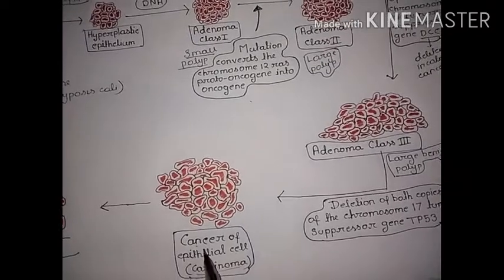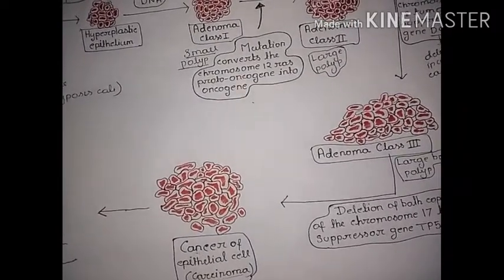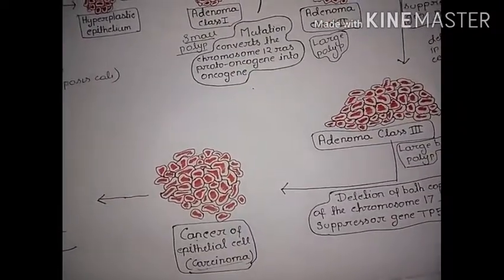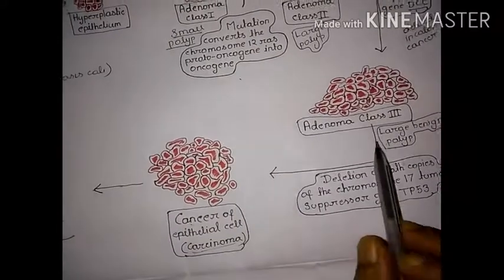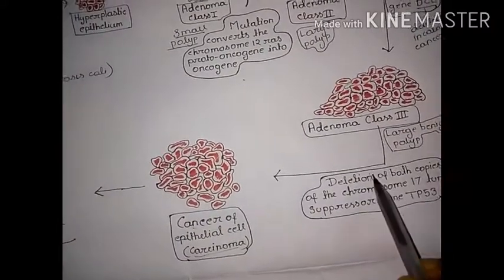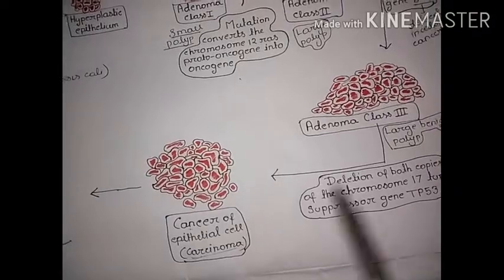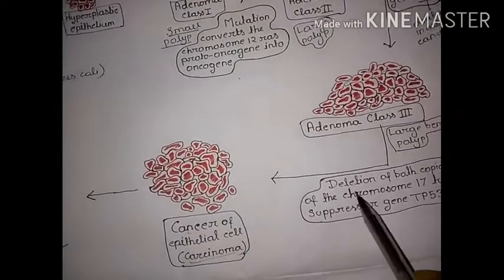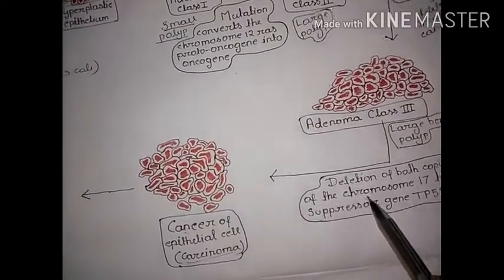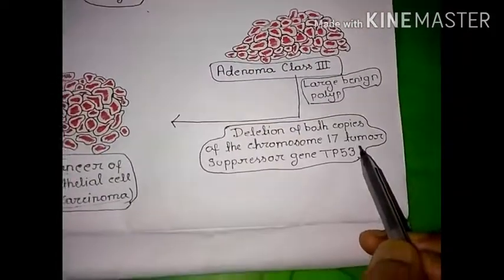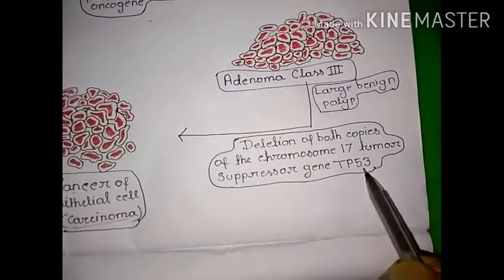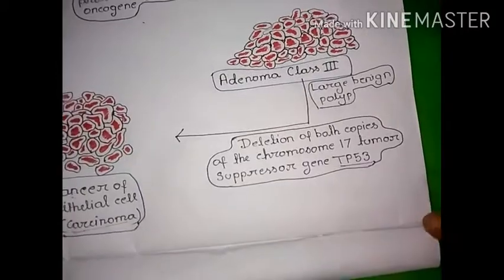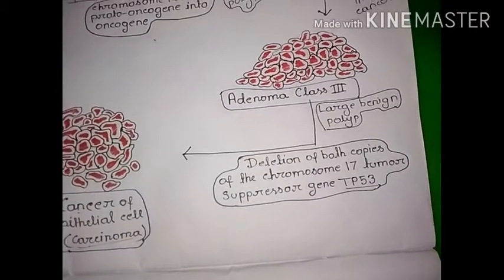Carcinoma means when cancer occurs in epithelial cells. Adenoma class 3 is transformed into a carcinoma when there is deletion of both copies of the chromosome 17 tumor suppressor gene P53. P53 is a guardian of the genome.